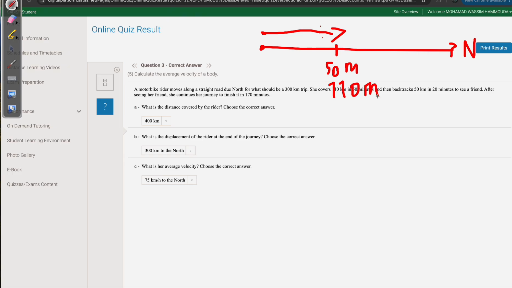Then she backtracks, that means she went back 50 in 20 minutes. So here it's at 70 minutes, but it's at 60 kilometers because we do 110 minus 50 since she went back from 110.